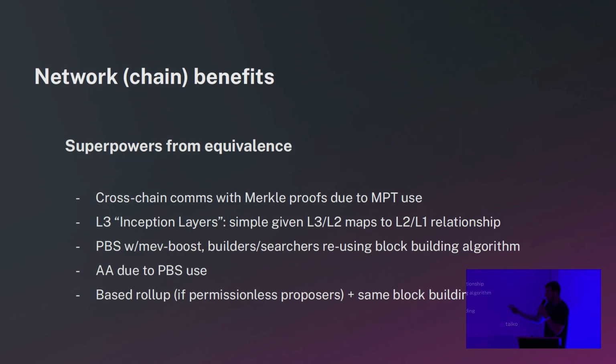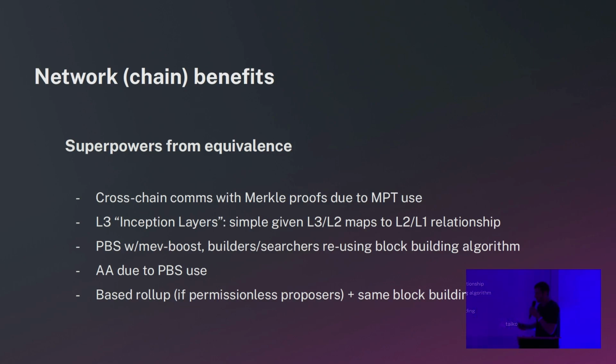And then the last one, maybe many of you have heard about it, based rollups. That's something we get, which is a super important property for us. That actually doesn't stem purely from the Ethereum equivalence on the EVM and the Ethereum architecture side. You also need another property, which is permissionless proposers. So based rollup means that L1 validators could be your L2 proposers or sequencers.